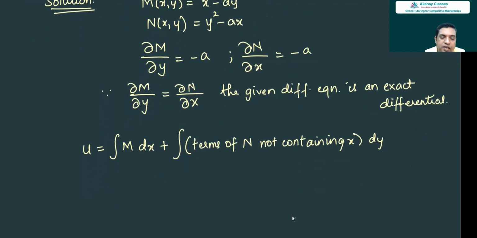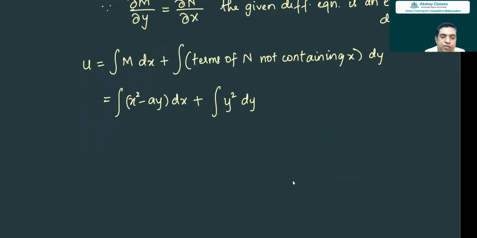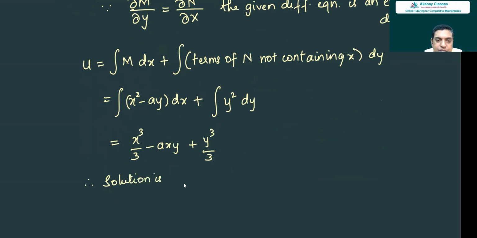So the integral of M is (x² − ay) dx, plus the integral of terms of N not containing x, which is only y² dy. So we get x³/3 − axy + y³/3. Therefore, the solution is u equal to c.